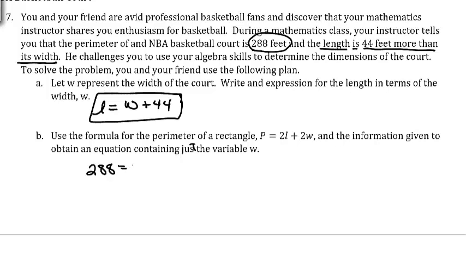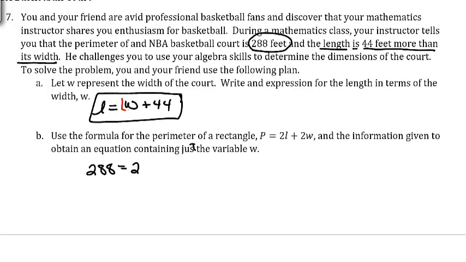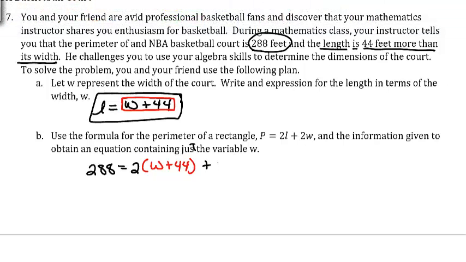And then it's plus 2 times the length, and here is our expression for the length: W plus 44. And then we have plus 2W. Now we have an expression for the perimeter, and the only variable there is W, so we'll be able to figure out what the width of the basketball court is.